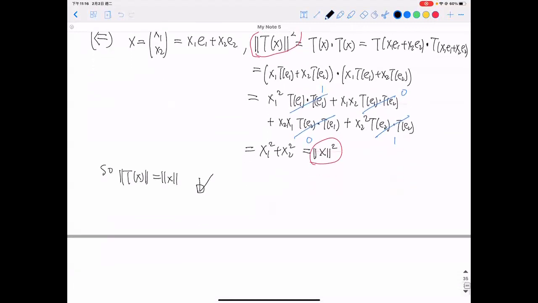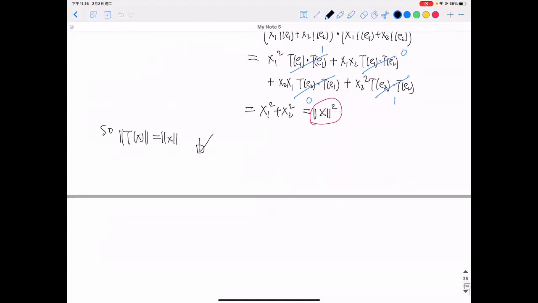All right. Finally, let's look at some examples. Well, just one example, I guess.